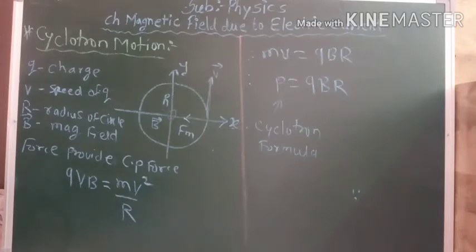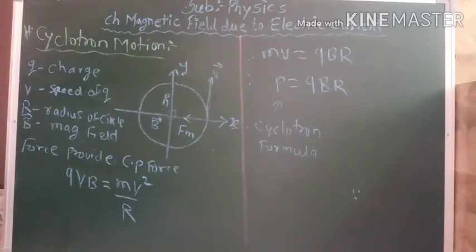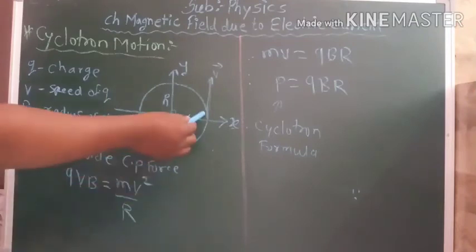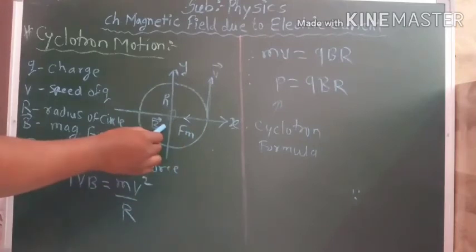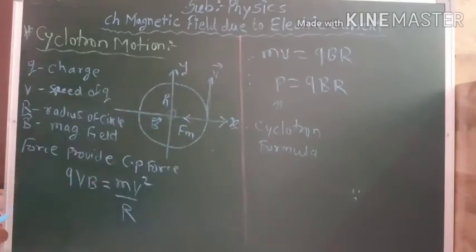Suppose we consider a charge Q moving in circular motion with speed v in a uniform magnetic field B, which is directed into the plane of the paper, in a circle of radius r in the xy plane.